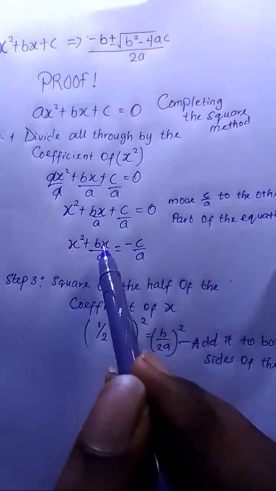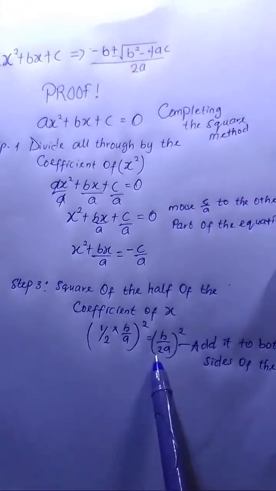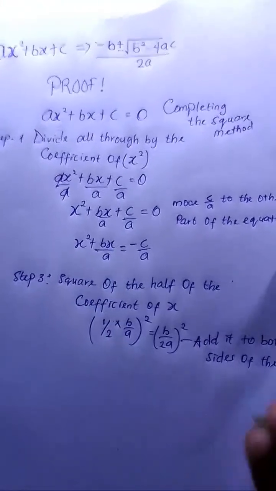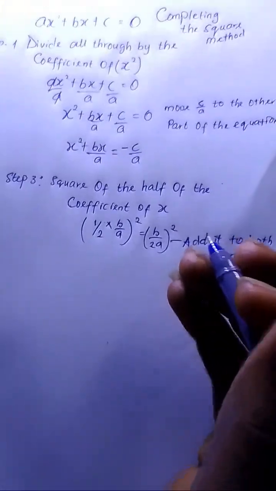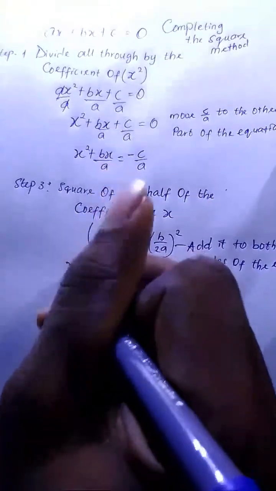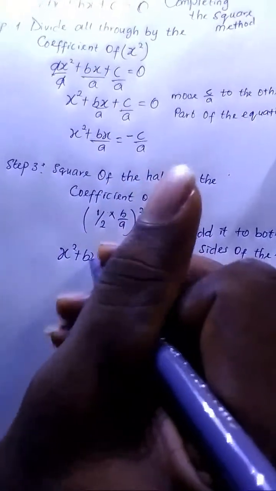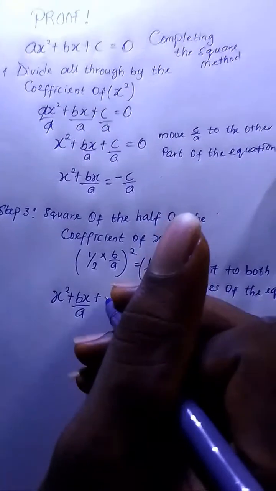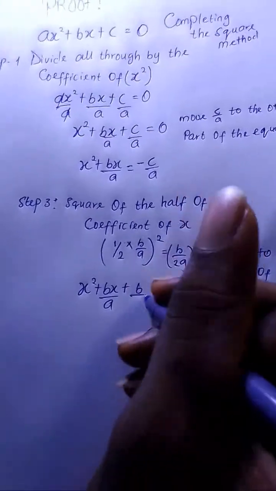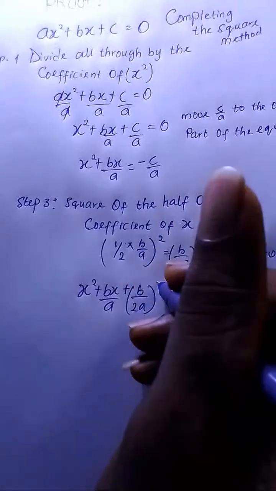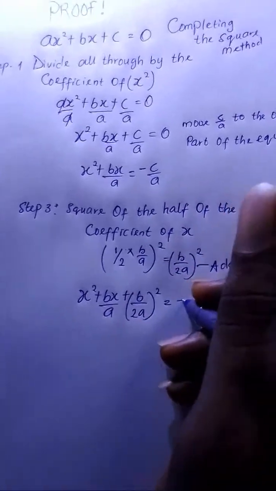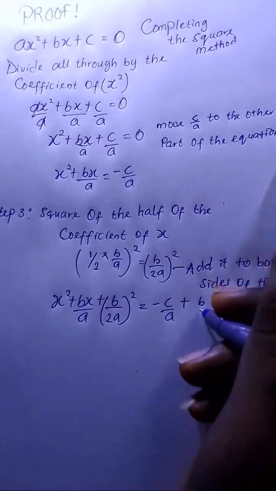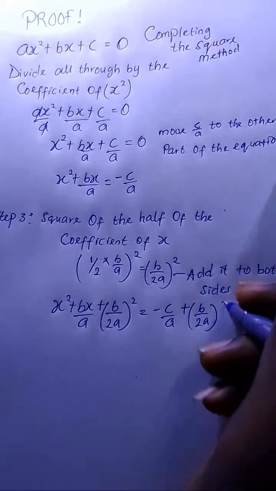This is the equation here. We're going to add this b over 2a all squared to both sides of the equation. So from here, we're going to have x squared plus bx over a plus b over 2a squared, equals minus c over a plus b over 2a squared.